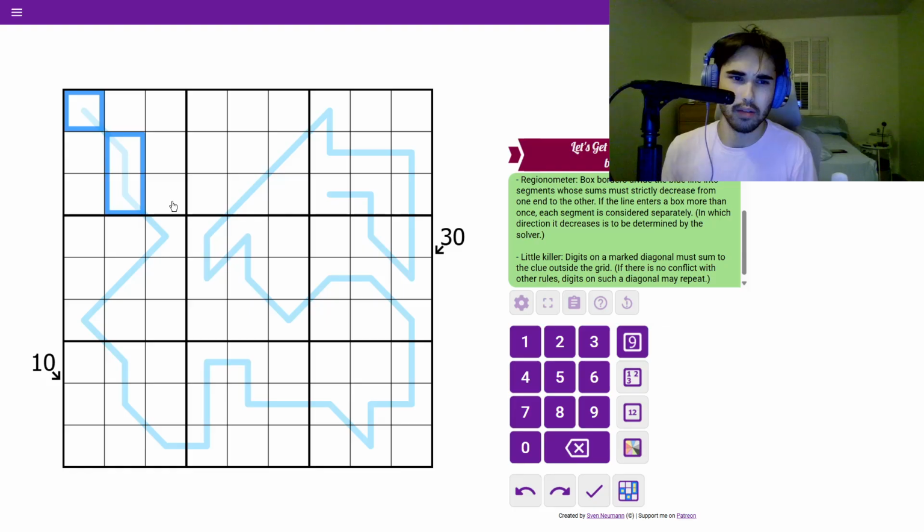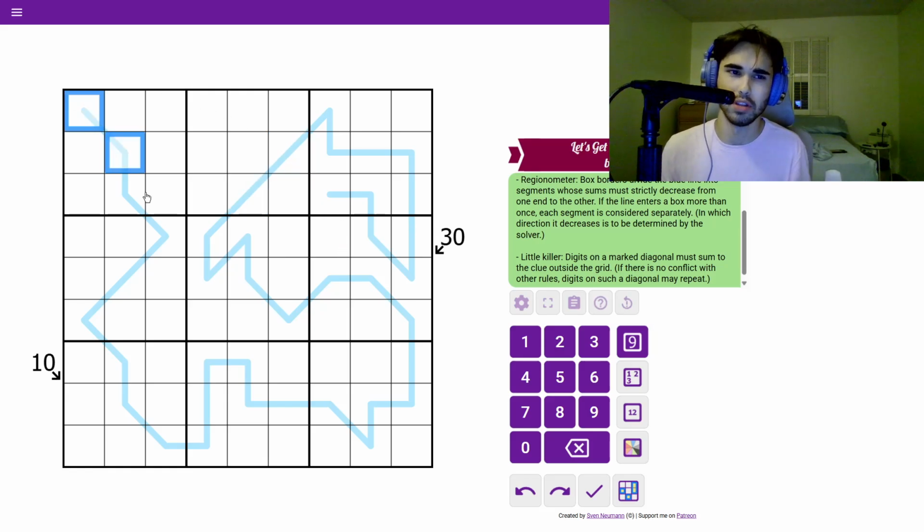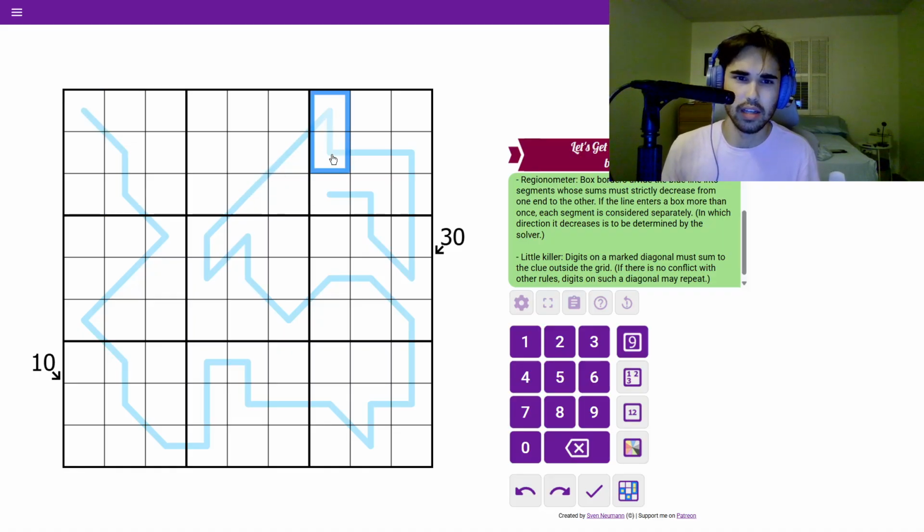So the maximum here could be 24, could do 23, 22, 21, 20, 19, 18, 17. Now we know what those are. Well, we don't know, because that's assuming this is 24. But 17, 16, 1, 2, 3, 4, 5. That's pretty close to the minimum of it. 16, 15, 14.